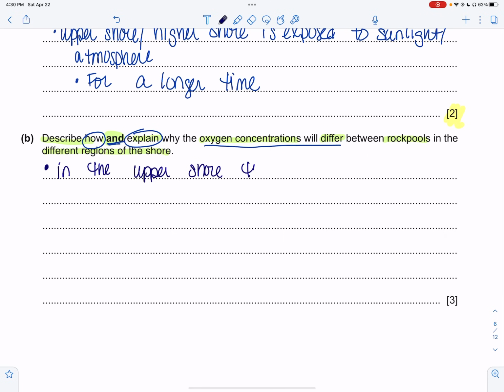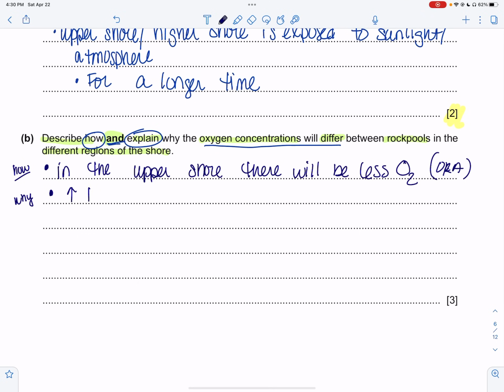In the upper shore, there will be less oxygen. Or the reverse argument, in the lower shore, there will be more oxygen. So this is the how, and then the why.